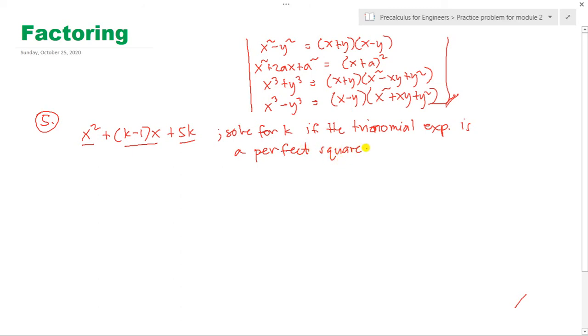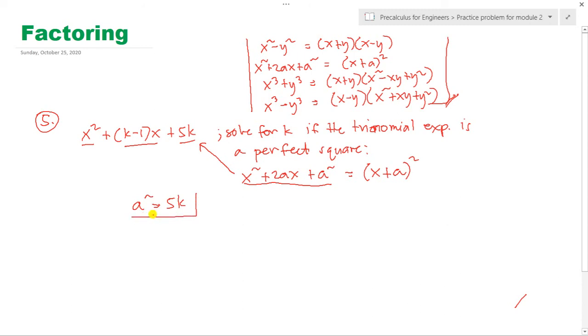So remember class, a perfect square trinomial follows this pattern. Let's say if you have x squared plus 2ax plus a squared, the answer is x plus a squared. So, x plus a squared. Therefore class, if we relate this to our given, we can say that the last term, a squared, is equal to 5k.